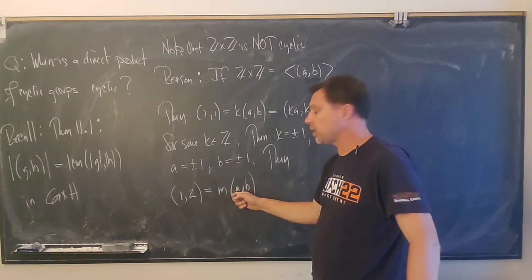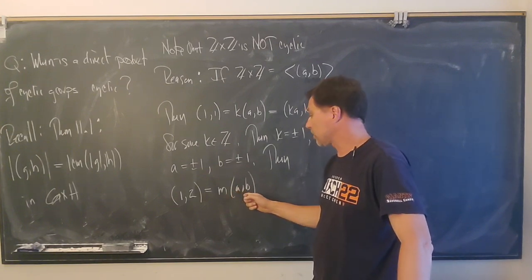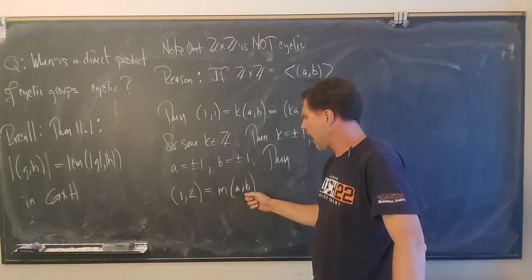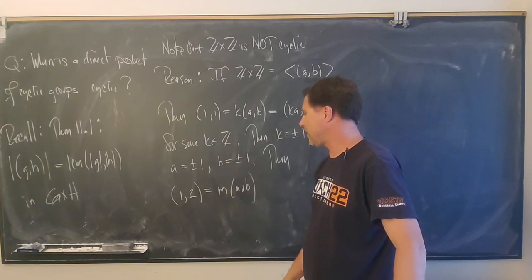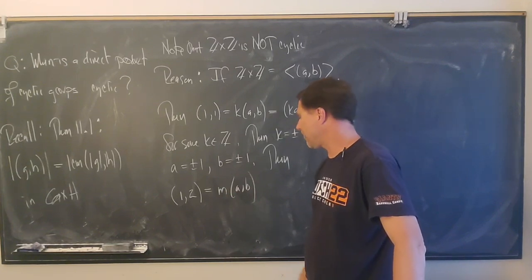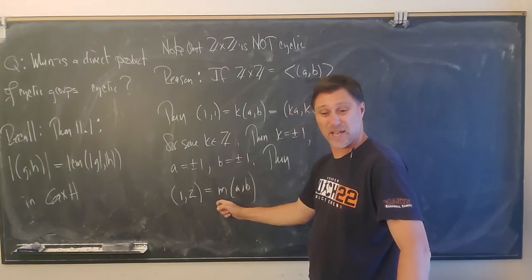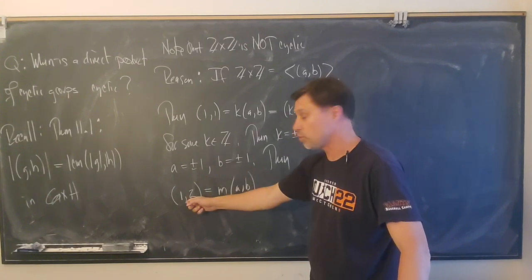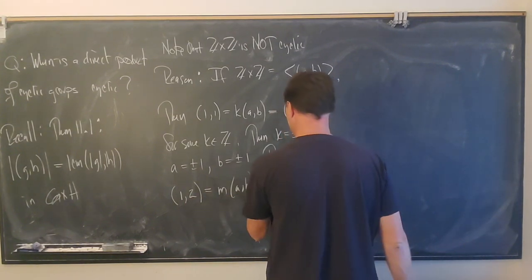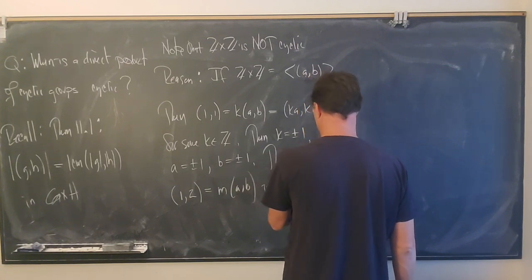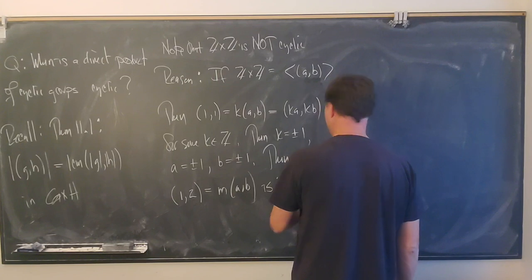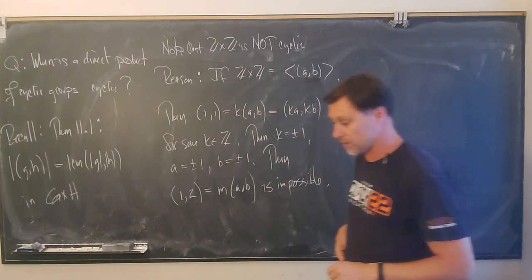Because we have either a plus or minus 1 here and a plus or minus 1 here, and if we multiply by m to get (1, 2), that'll tell us that m has to be plus or minus 1. And then plus or minus 1 times plus or minus 1 is definitely not going to give us 2. So this is impossible. We never could have had a generator (a, b) in the first place.